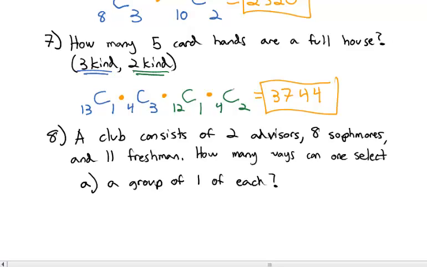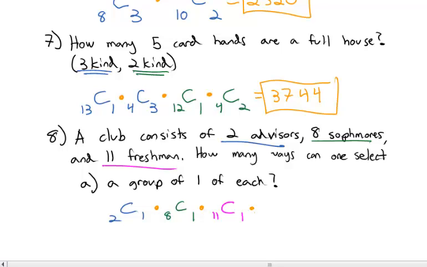Well, again, we can't mix them, so we need a different combination for each group. So first, the advisor. There are 2 advisors to choose from. We're selecting 1. Of the 8 sophomores, there are 8 to choose from. We're selecting 1. And of the 11 freshmen, there are 11 to choose from. We're going to choose 1. 1 of each. 2 choose 1, times 8 choose 1, times 11 choose 1.